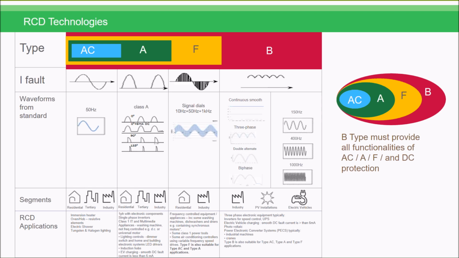So as a part of the 18th edition, there is now mention around different types of RCD technologies and the different types and their applications and functions themselves. So to give you a summary, we can see here now that we're familiar with some of the common AC type of RCDs, listed on the left.